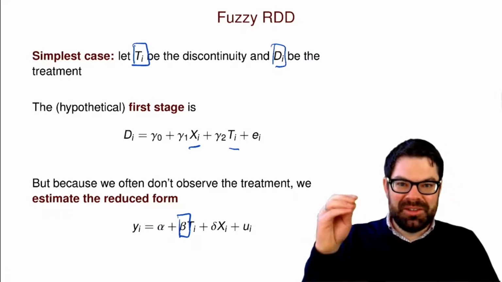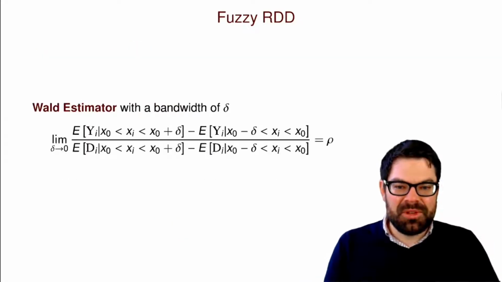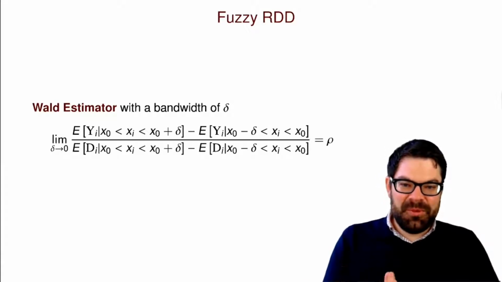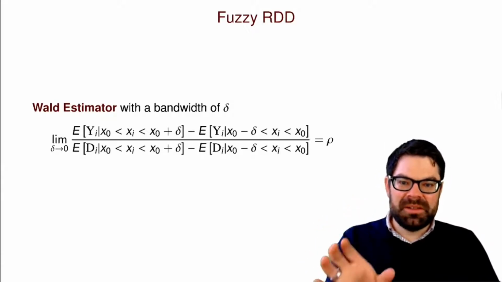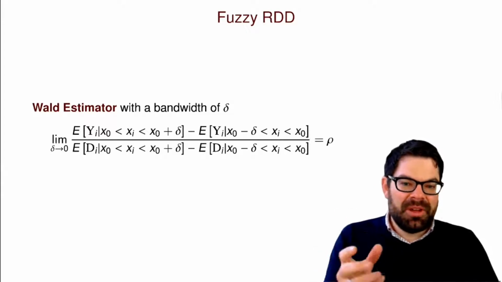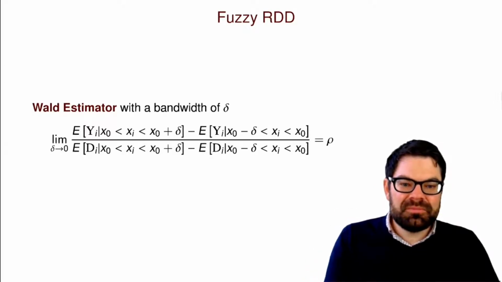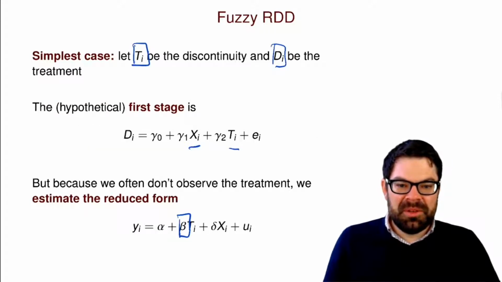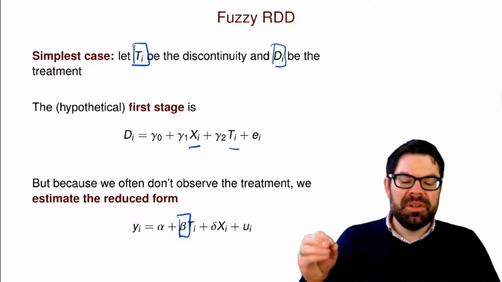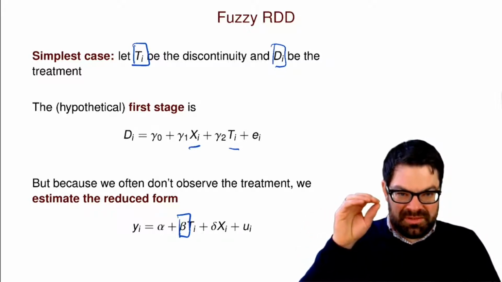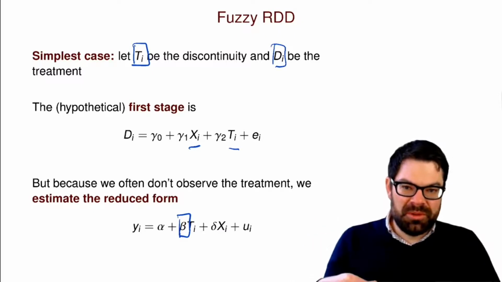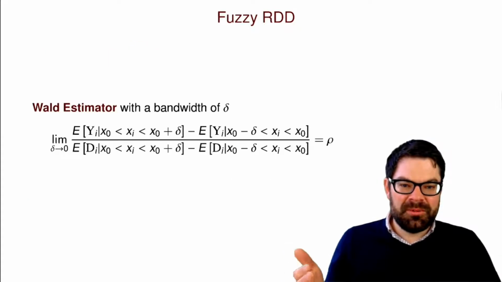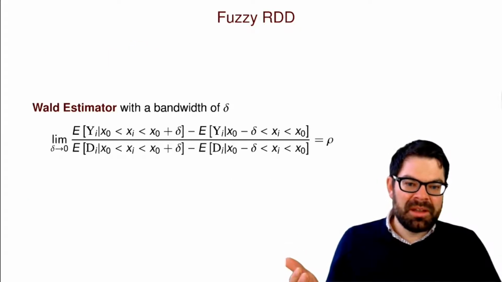Theoretically, we have a first stage and we have a reduced form. If we have those two, and we estimate the effect within a bandwidth around the discontinuity, we have a Wald estimator. In the sharp regression discontinuity design, you have a perfect correlation between the dummy, whether someone is above or below the discontinuity, and the actual treatment, and therefore the first stage equals 1.